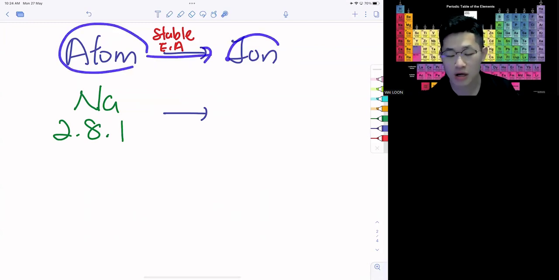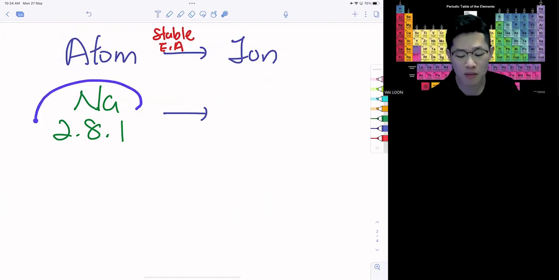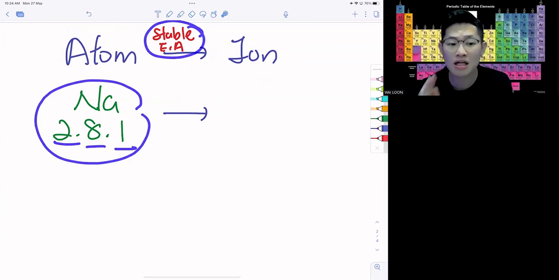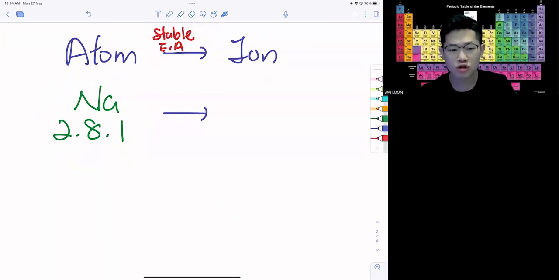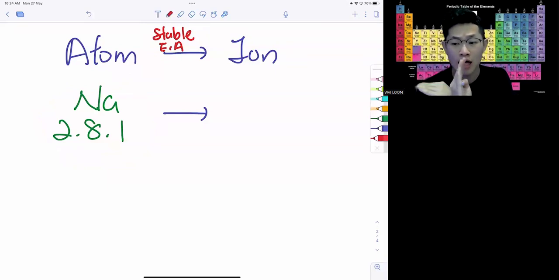How can this atom turn into an ion? It's like I'm asking you, how can this sodium atom 2, 8, 1 achieve stable electron arrangement? To achieve stable electron arrangement, we can either plus more electron into the atom, or we can minus electron.